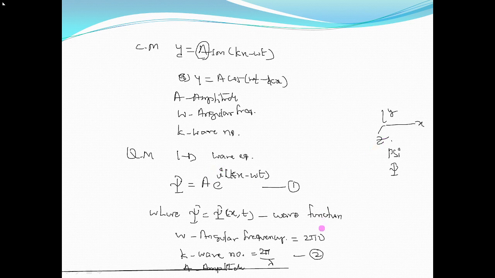Now what we'll do is differentiate equation 1 with respect to x twice, partially.